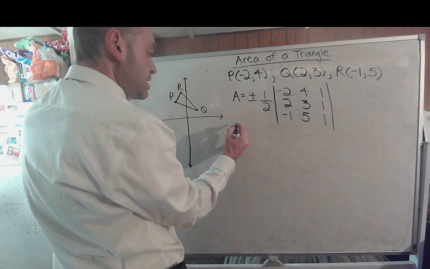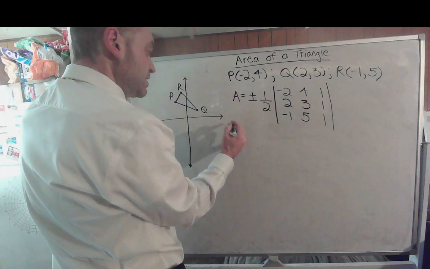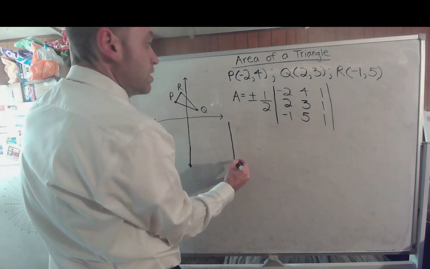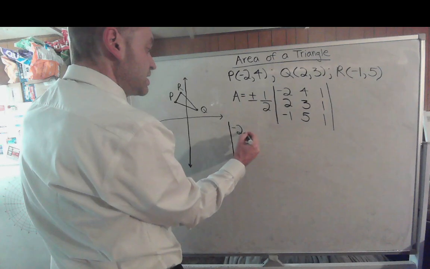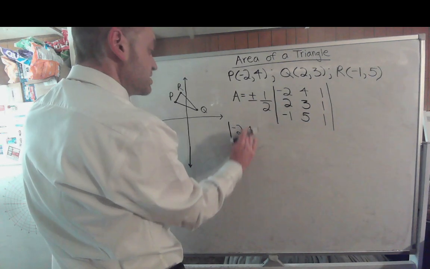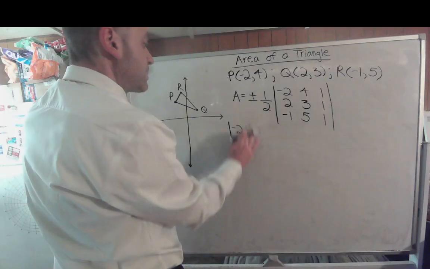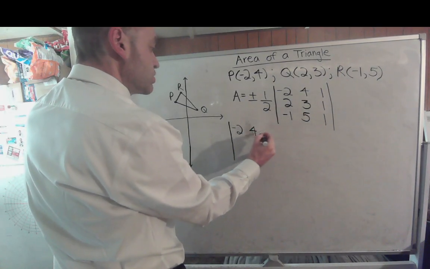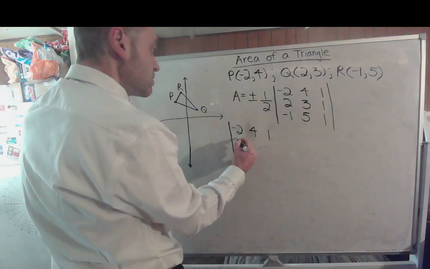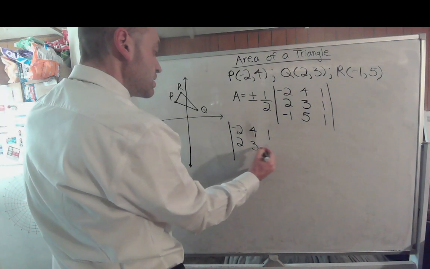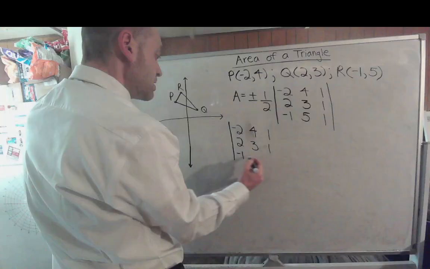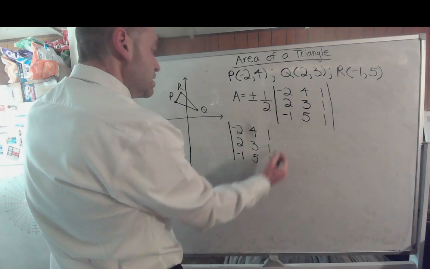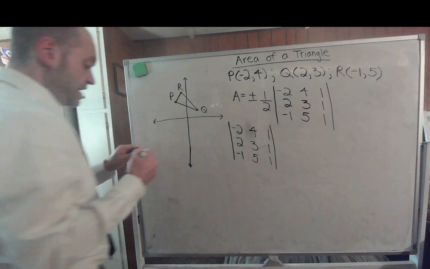Let's take the determinant here, ignoring that plus or minus 1/2 for just a minute. We're going down the third column.